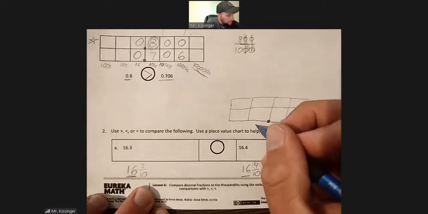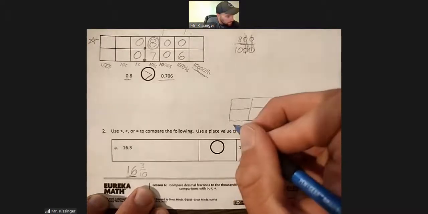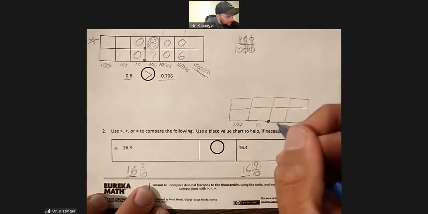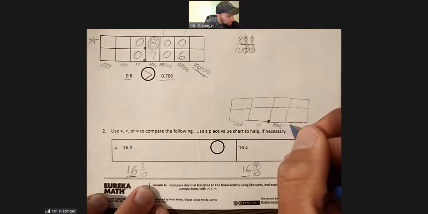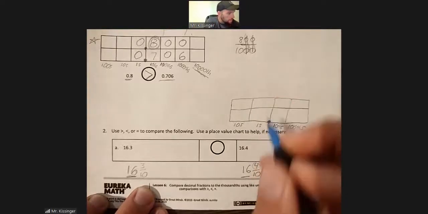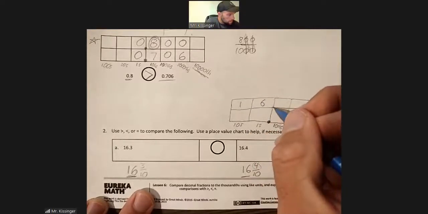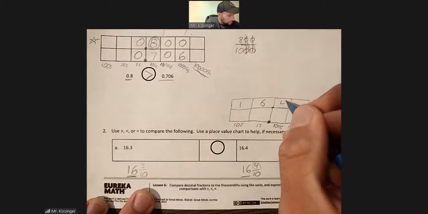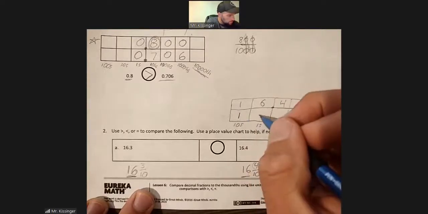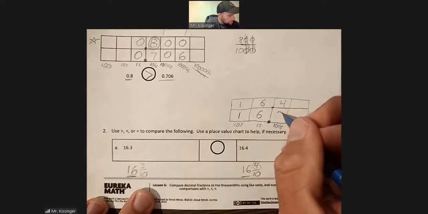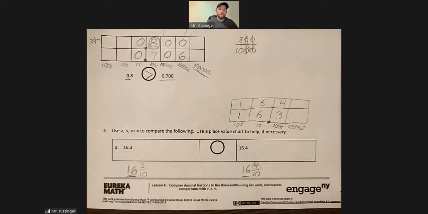And we have our ones place, we have our tens place, we have our tenths place, and we have our hundredths place. In the top, we can put 16.4. It doesn't matter which one goes in the top and which one goes in the bottom. This one will do 16.3.